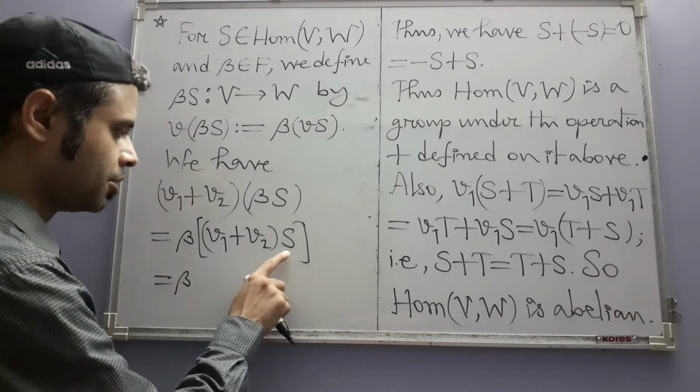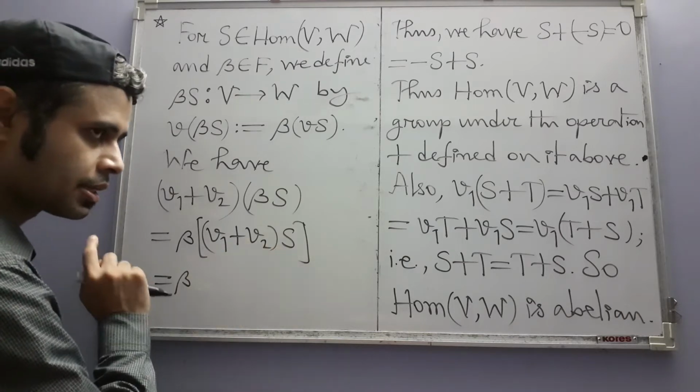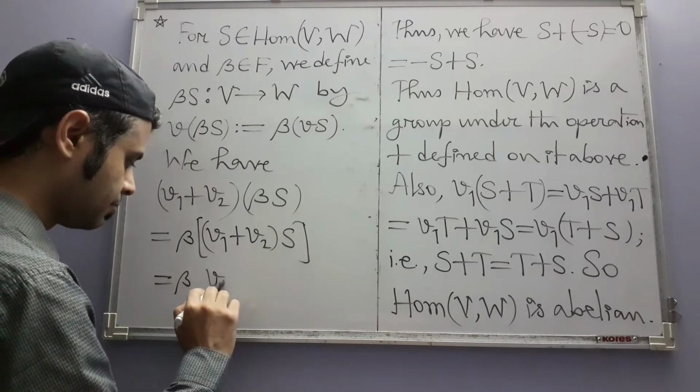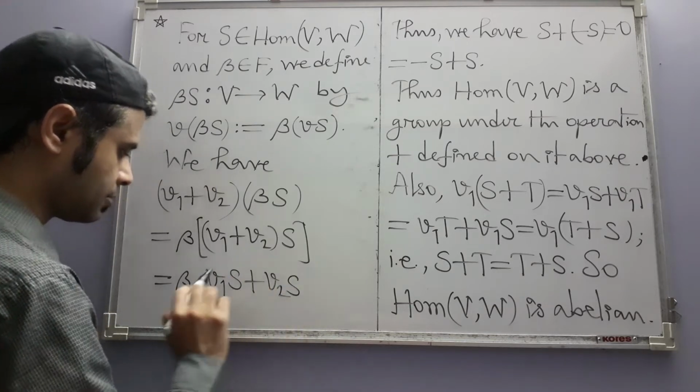Now, because S is a homomorphism, S respects addition, that is why the thing inside is v1S plus v2S.